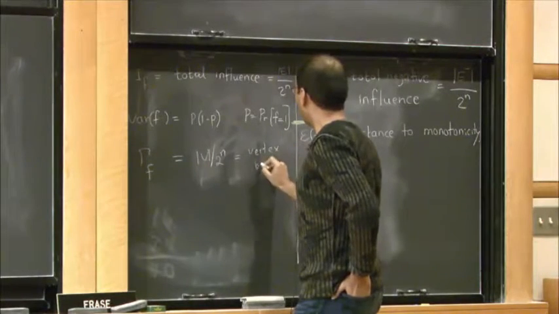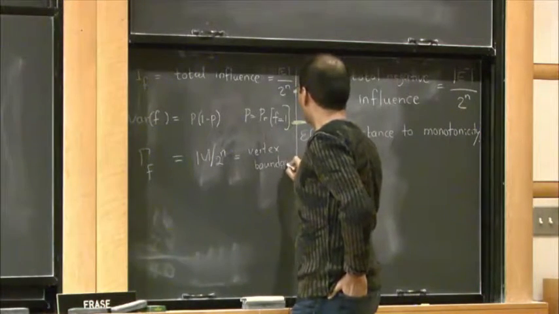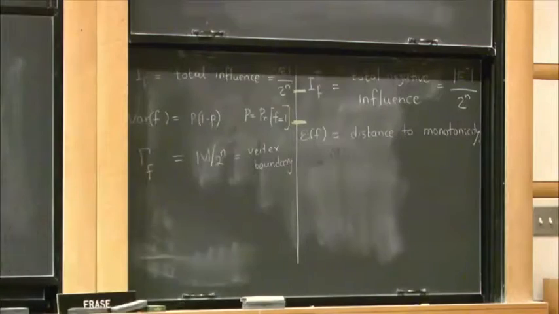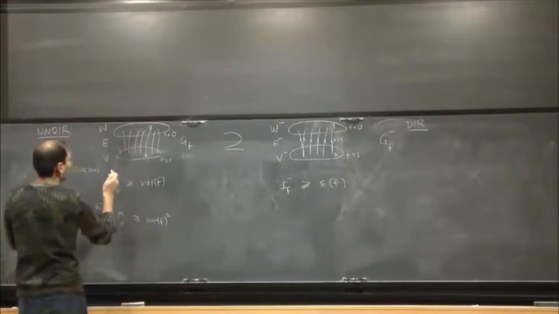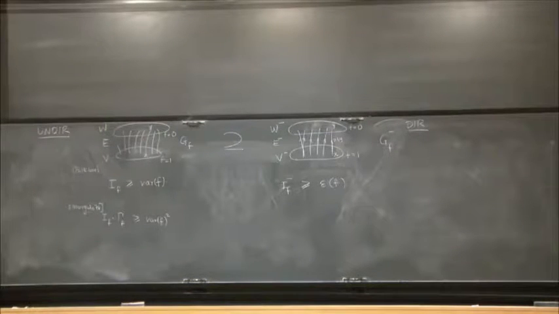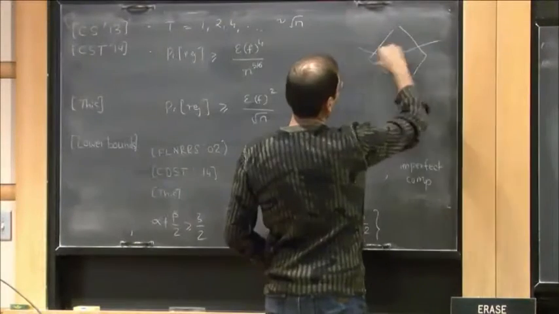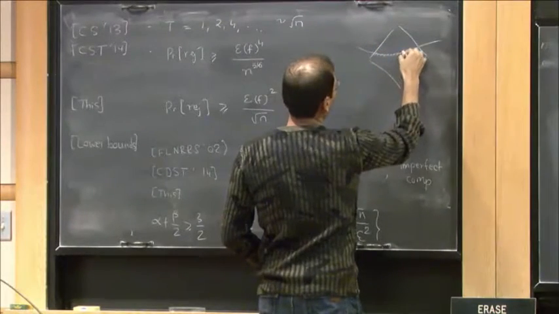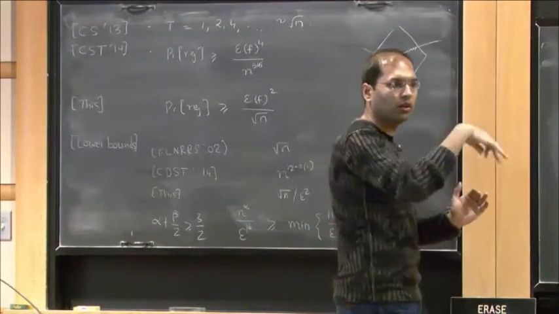These are all the vertices on one side of the function which have at least one sensitive edge. The picture was lost, but pictorially, if this is the boundary, then these are the vertices on this boundary, on that surface.